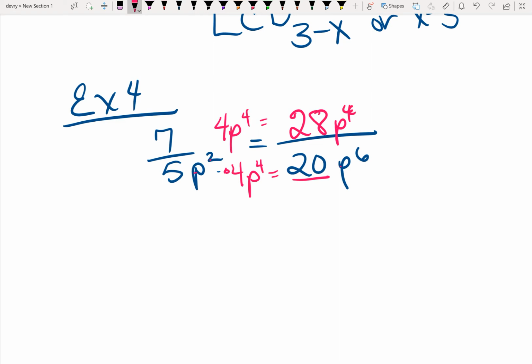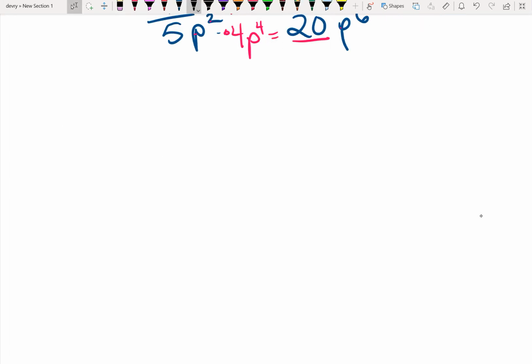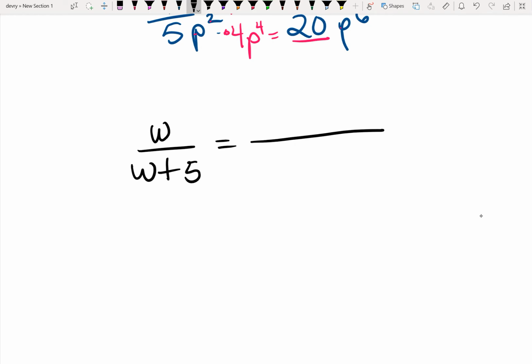And it's the same thing with the next equation. In the next equation, they give you w over w plus 5 equal to an unknown value over w squared plus 3w minus 10. So in theory, what's happening here is this bottom piece is being multiplied by w minus 2.